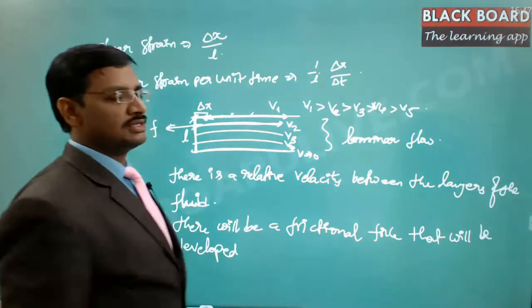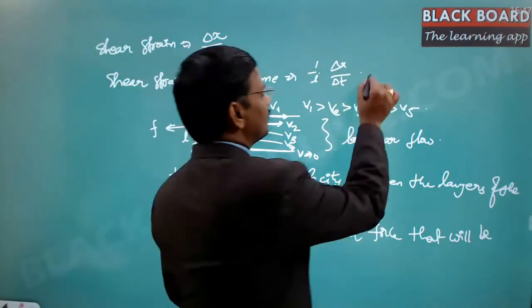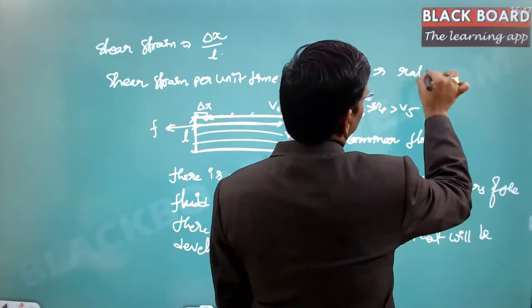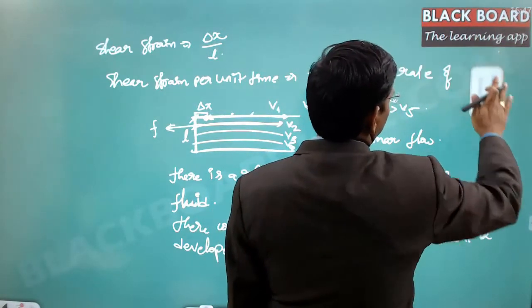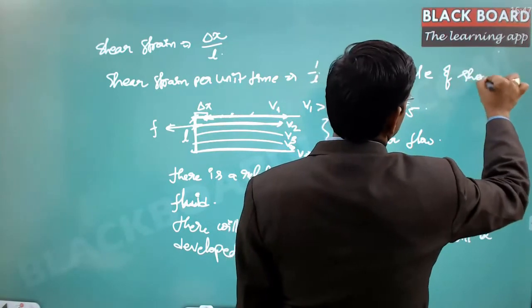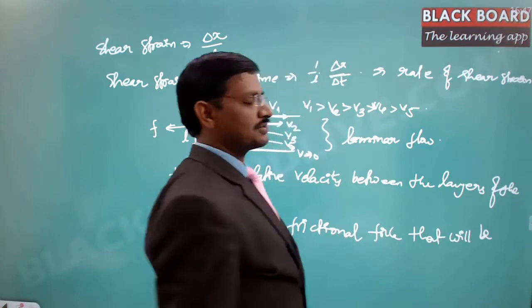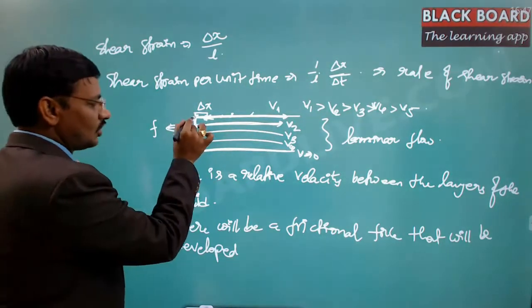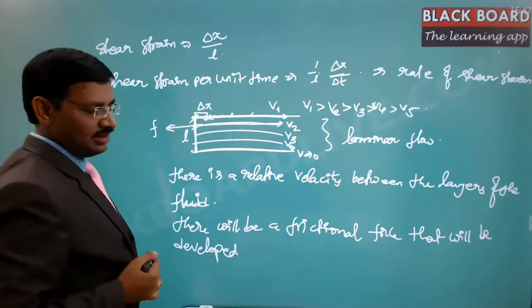So this is shear strain per unit time, which is what we call the rate of shear strain. That is, in 1 second, how much displacement this particle has moved.